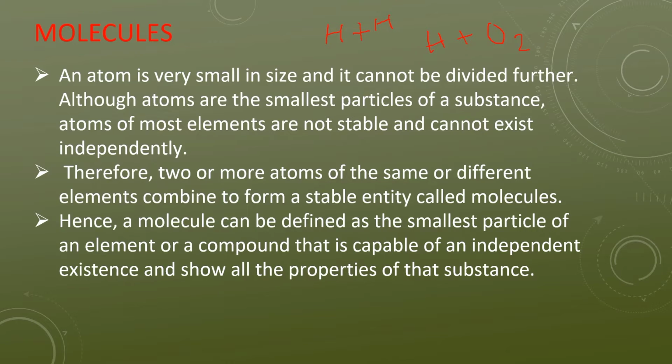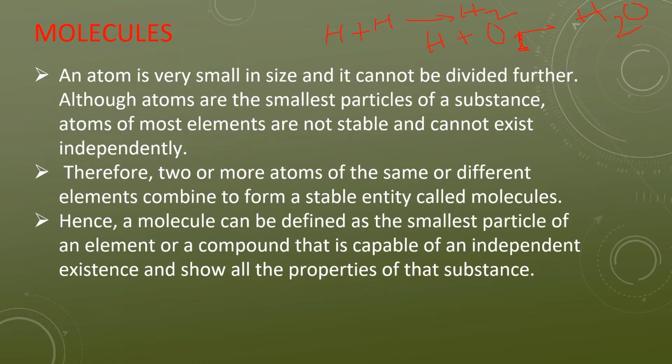Whenever they combine, they will form hydrogen gas, or they will form water. In this way, if two or more atoms combine to form a compound, that compound is called a molecule, and these molecules are stable, which means they can live alone.